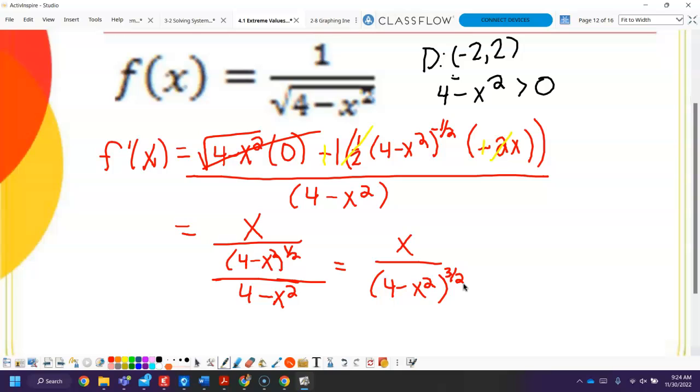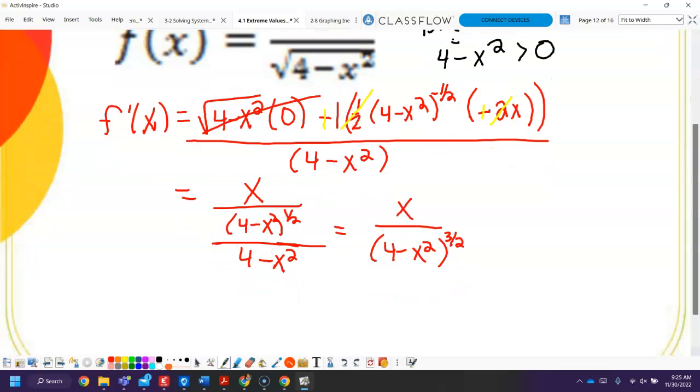You can see how much less messy this is. It's so critical that you can apply those rules of bringing the power up and knowing when you can do something algebraically. This is so much easier than the quotient rule.